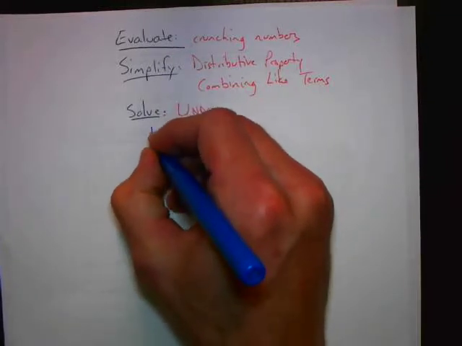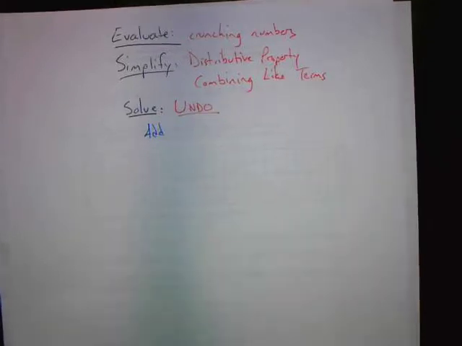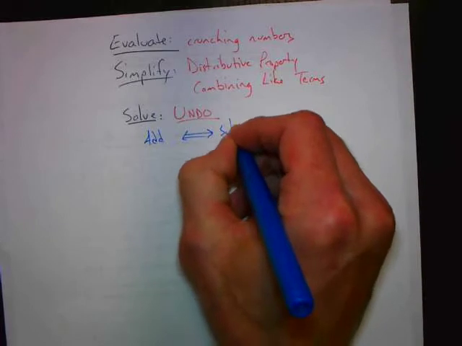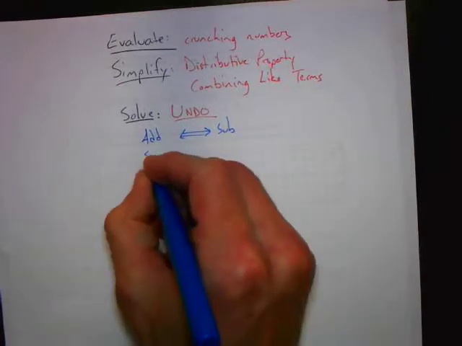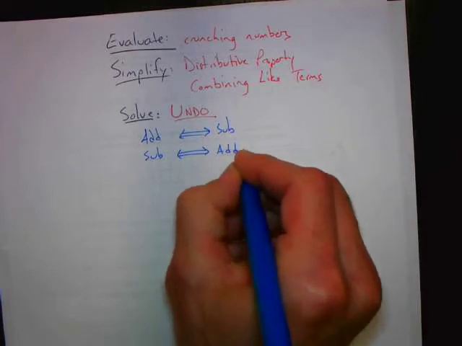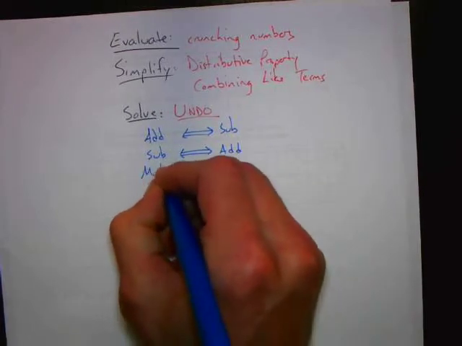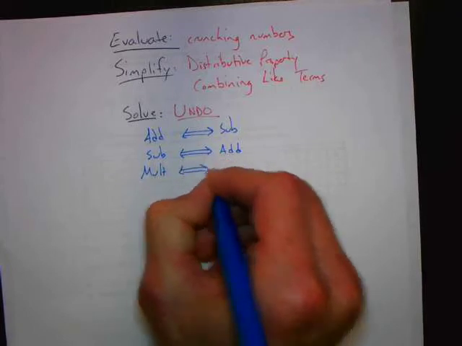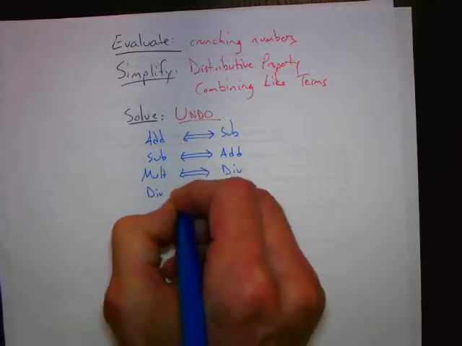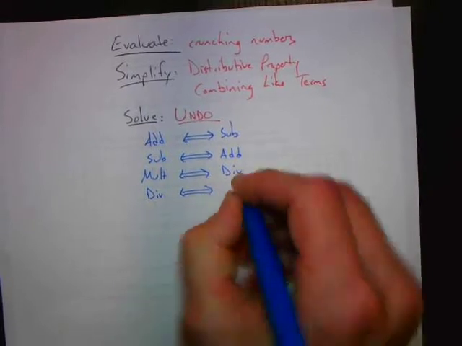If we were adding, to undo adding, we use subtracting. To undo subtracting, we use adding. To undo multiplication, we use division. And to undo division, we use multiplication.